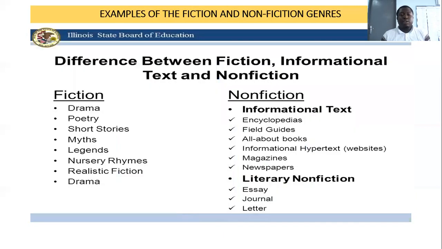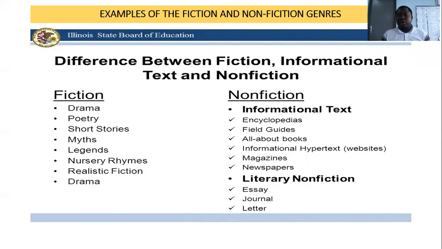Examples are as follows. For non-fiction, we are looking at informational text, that is encyclopedias, the textbooks we use, field guides, and what have you. And then we have what we call literary nonfiction. Literary nonfiction in the sense that sometimes we import some features of literary writings into them, and so we end up treating them as literary nonfiction.